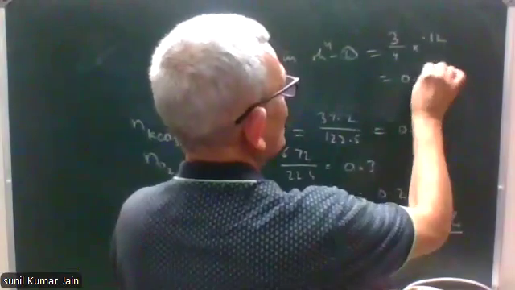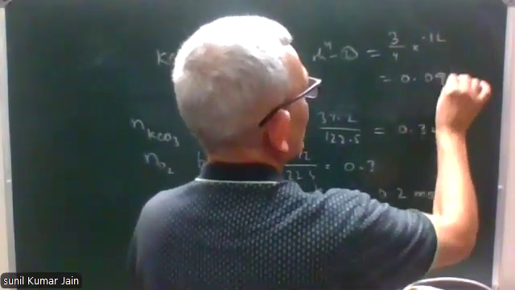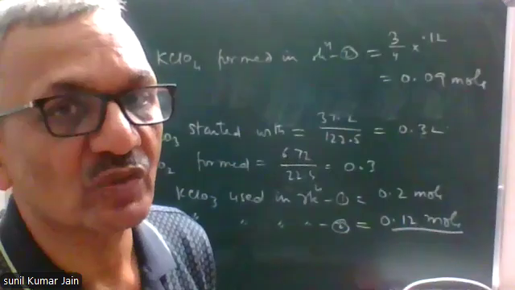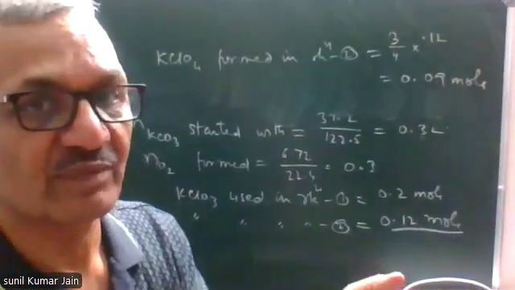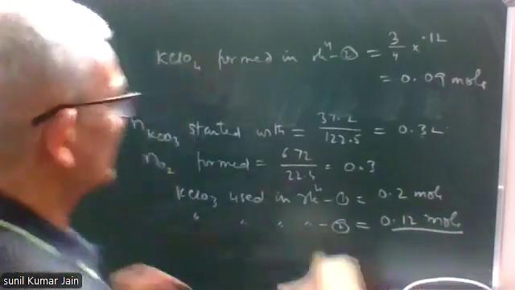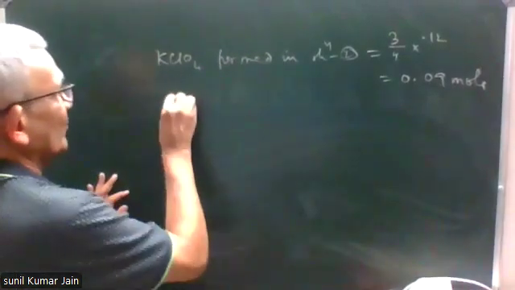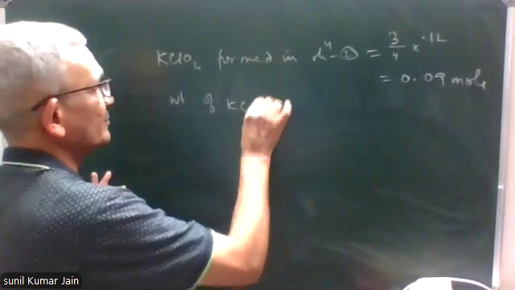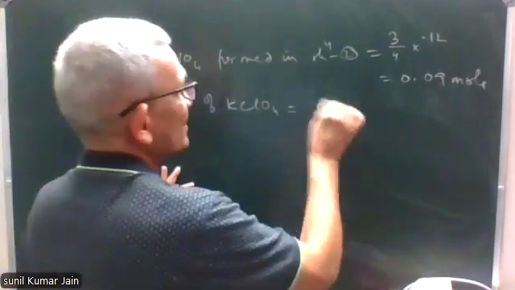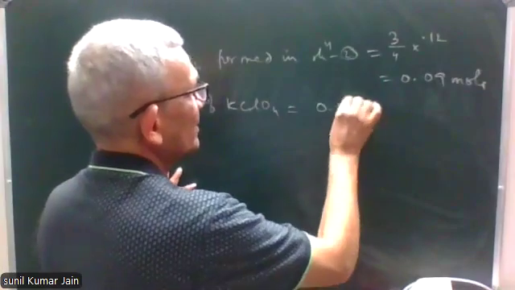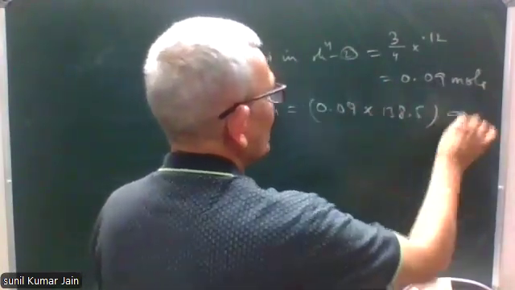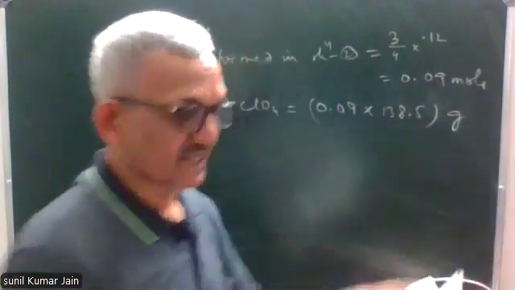This will be 0.09 mole. So KClO4 produced will be 0.09 mole, and we are given the molecular weight, multiply, you'll get the answer. Weight of KClO4 will be 0.09 mole into molecular weight 138.5. So many grams will be produced. That is the answer.